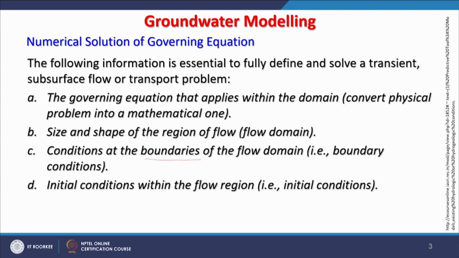We also say what the boundary conditions of a particular model are, and the initial conditions, as just discussed, within the flow region. We would like to know what the initial conditions of an aquifer are, because we are doing this for groundwater purposes, and the spatial distribution, how the aquifer parameters are distributed in space. All this information is essential to fully define and solve a transient subsurface flow.